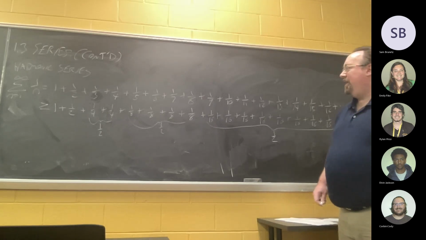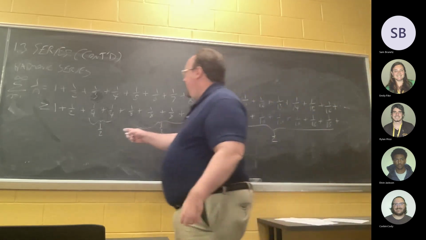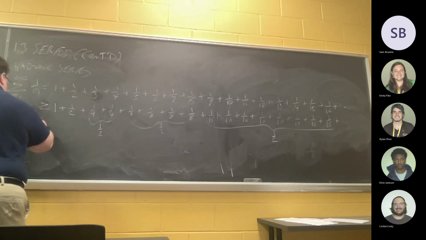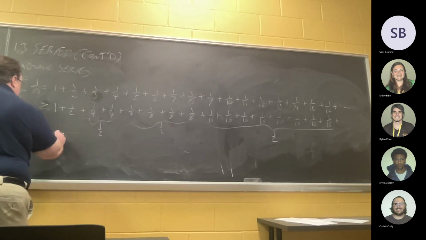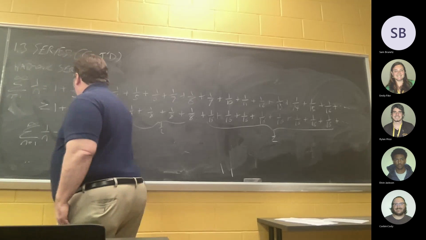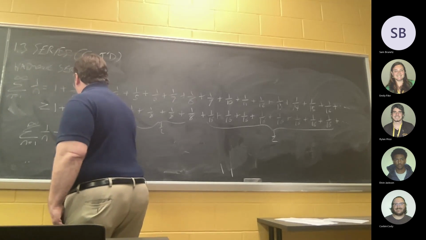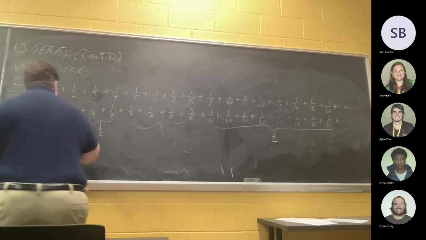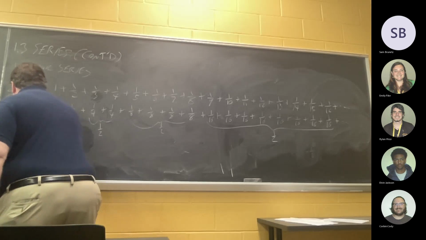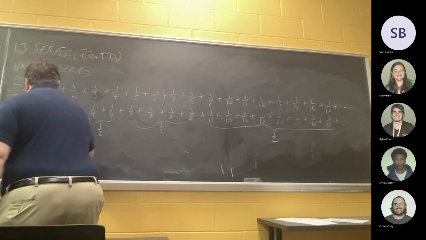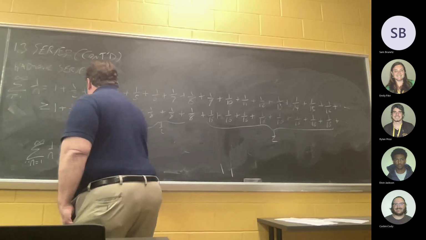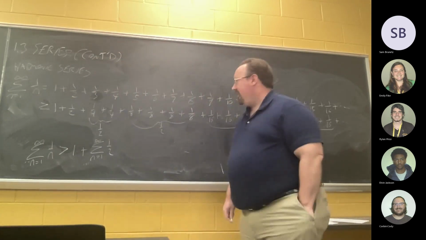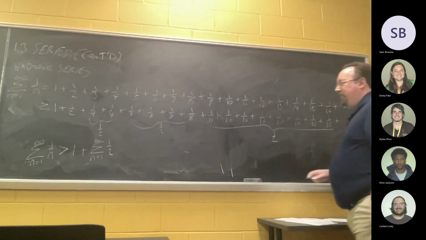If I take this, the sum from n equals 1 to infinity of 1 over n is strictly greater than 1 plus the sum from 1 to infinity of 1/2, because we're going to get infinitely many 1/2s from this whole process.